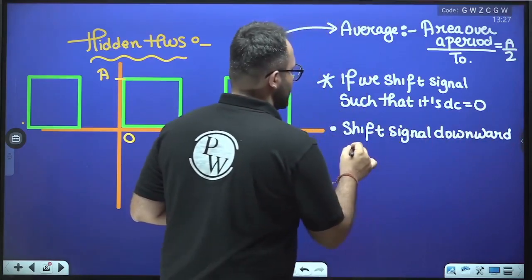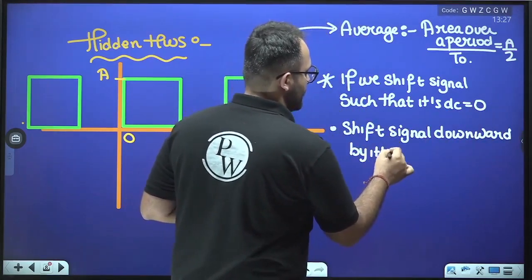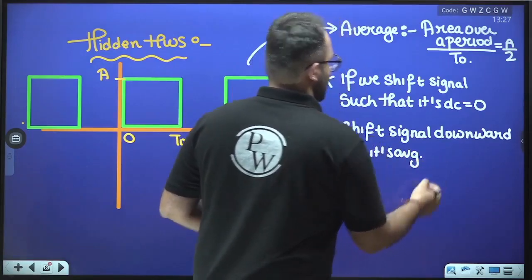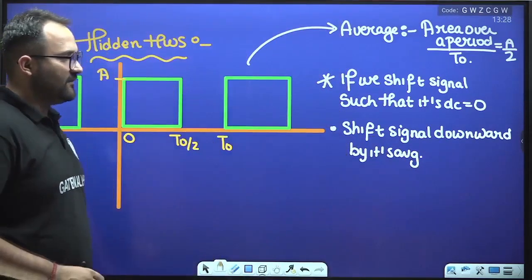Shift the signal downwards by its average value. Okay, we shift the signal downwards by its average value.